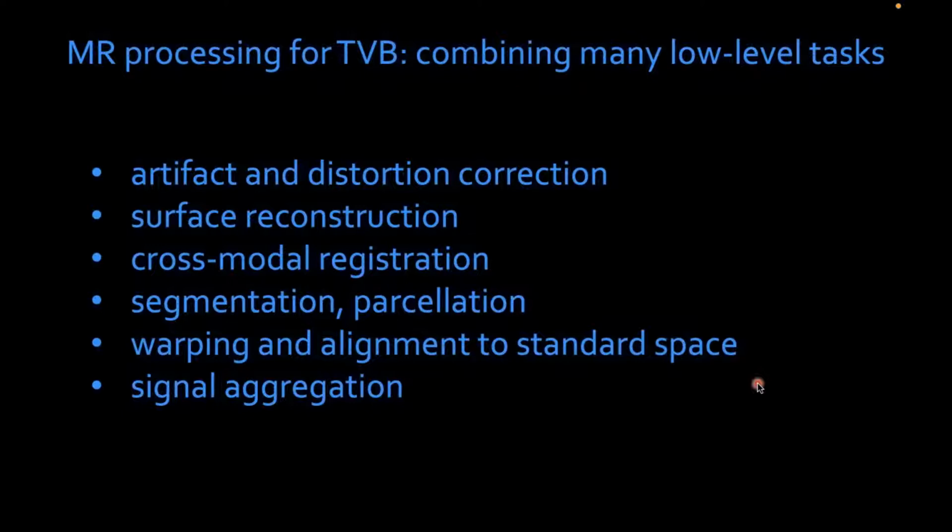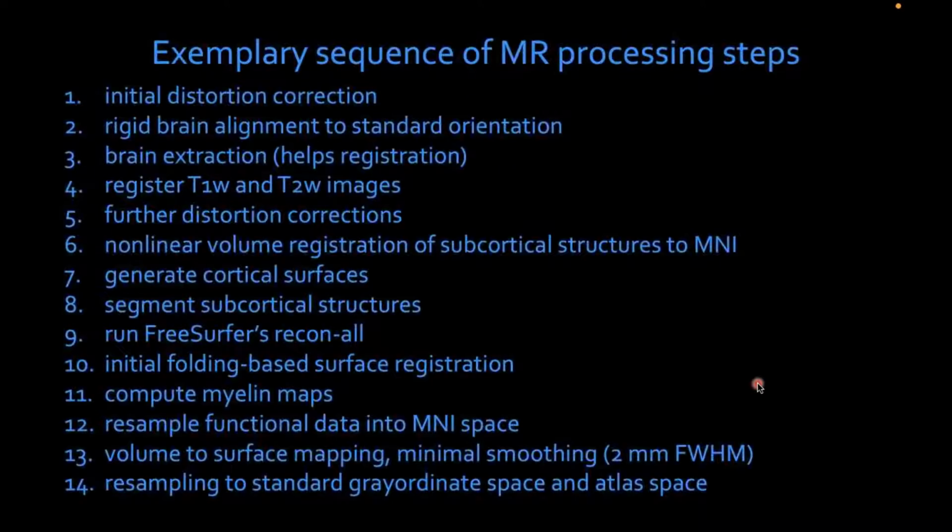Cross-modal registration is basically the registering, the alignment of different MRI imaging modalities or also other imaging modalities to bring them into the same space, to have the same parcellation, the same atlas, and to have different types of data, like different fMRI contrasts, for example, comparable.